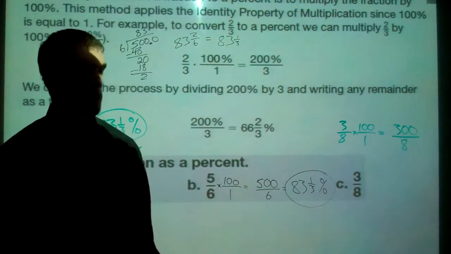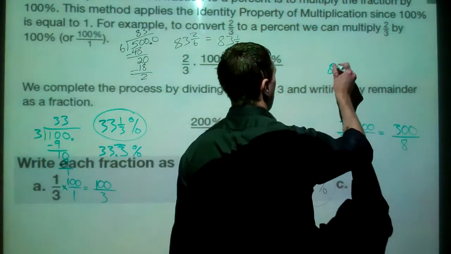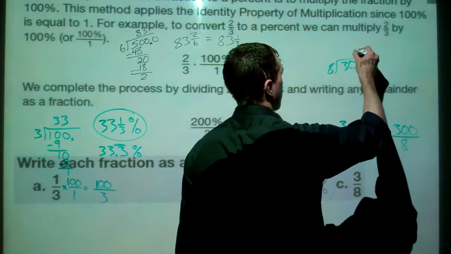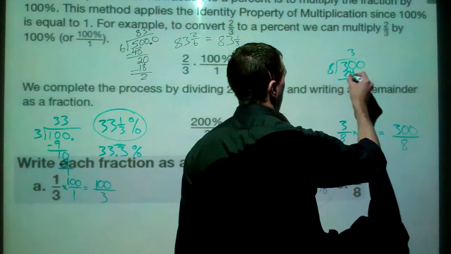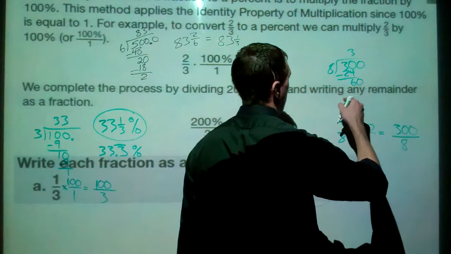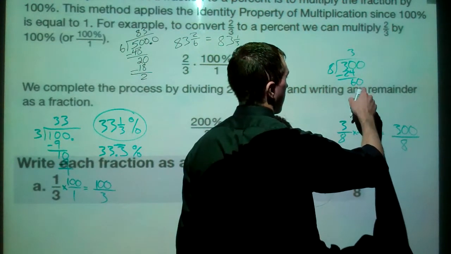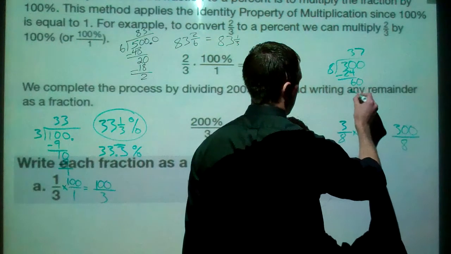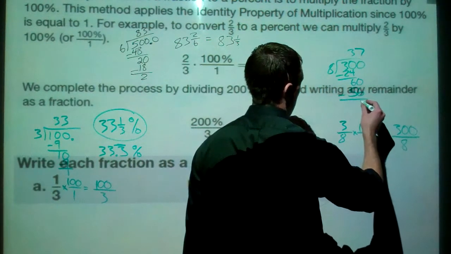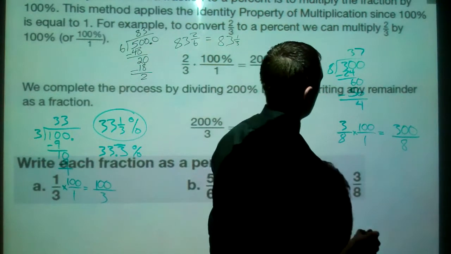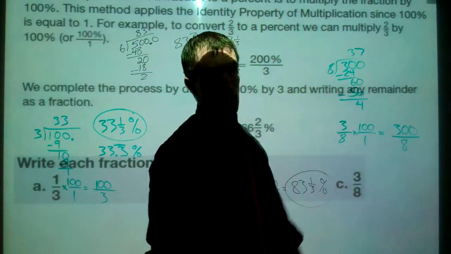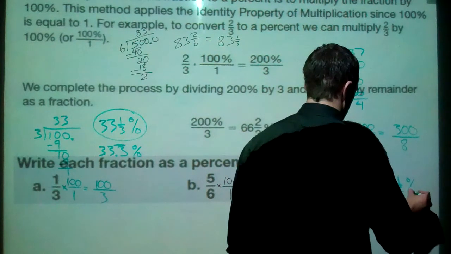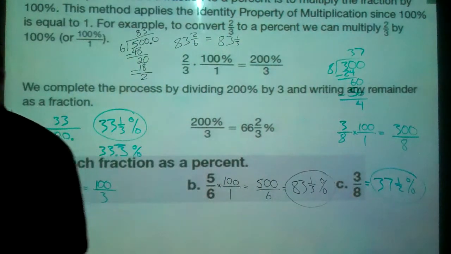If we go through and do this one, we go 8, 300, 8 goes into 30 3 times, 24, 6, 0, 8 goes into here, let's see, not 8 times, 7 times, 7 times 8 is 56, we subtract, we get 4, 37 and 4 over 8, or 37 and a half. Okay, check my time quick.